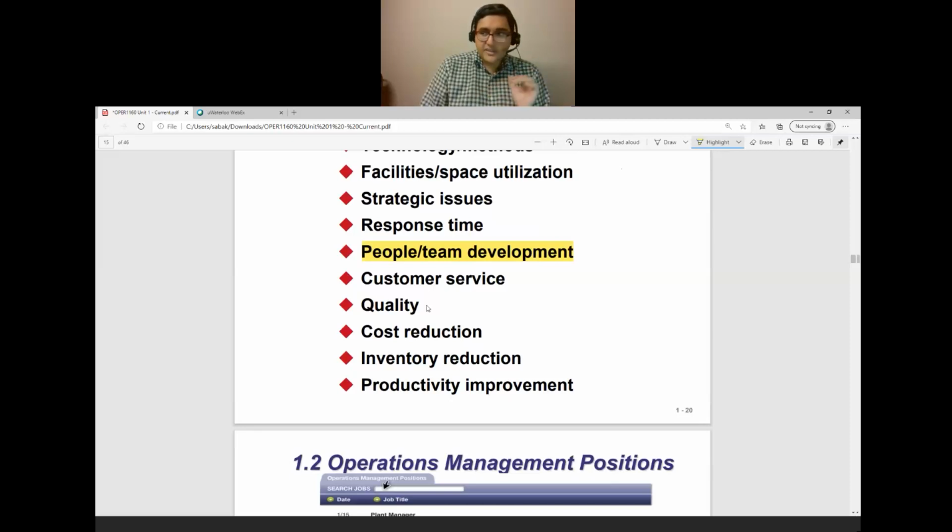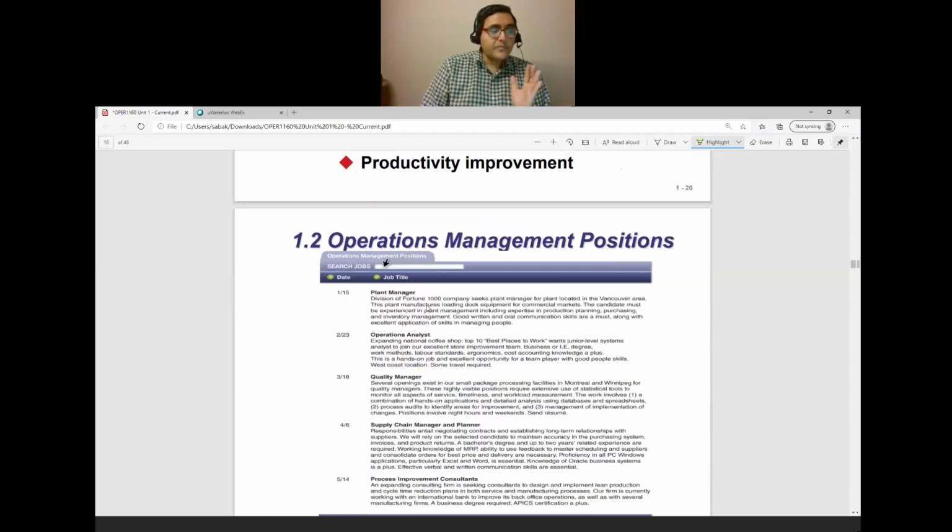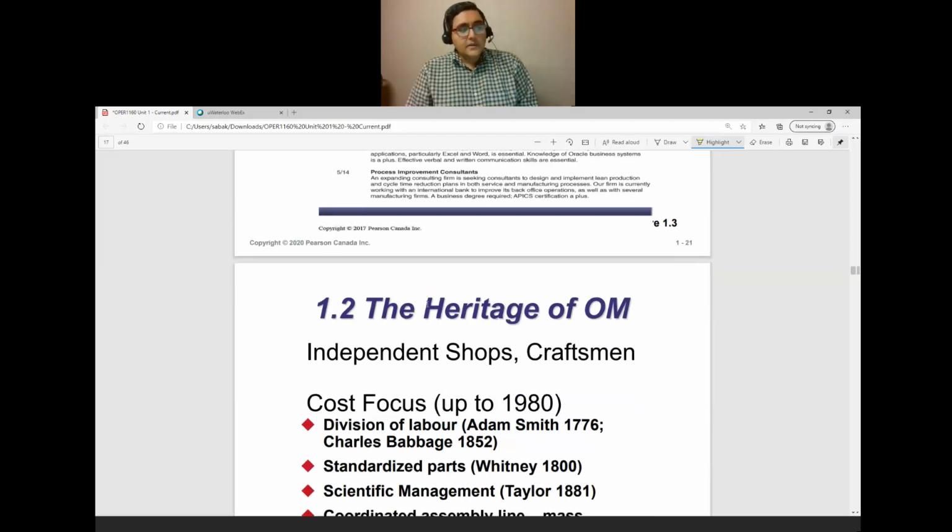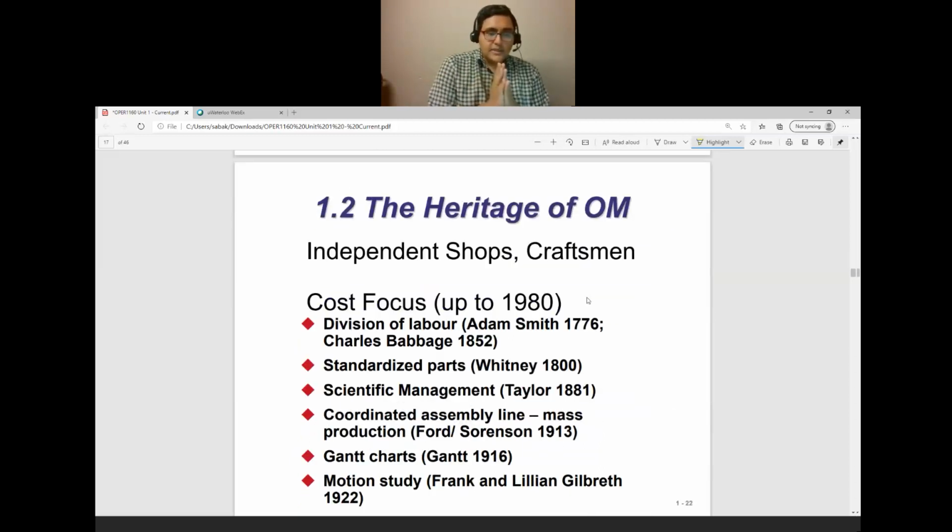Same with quality: just type quality officer, quality manager, quality assistant, anything you type in there, you'll see the number of opportunities which are present in this area.